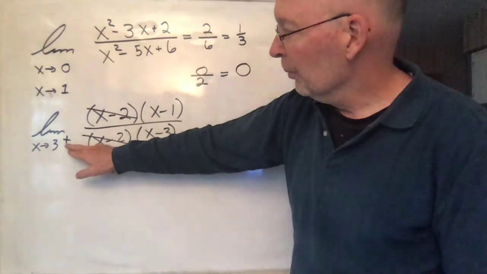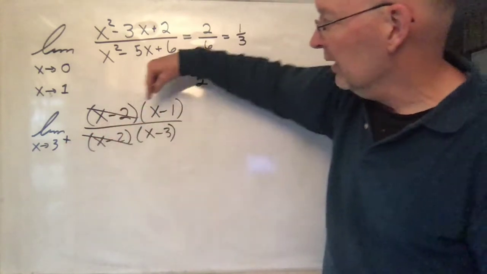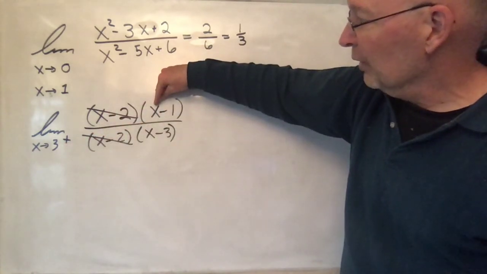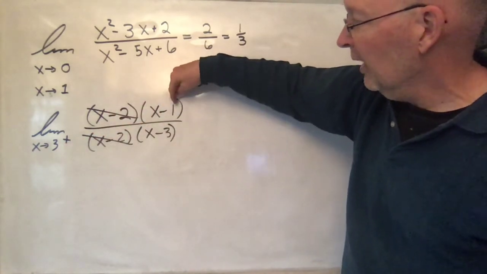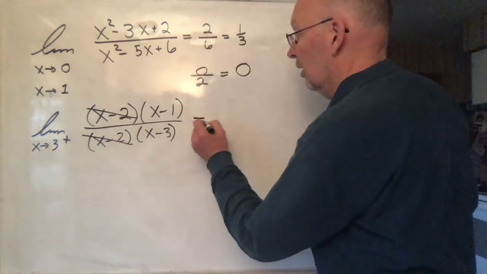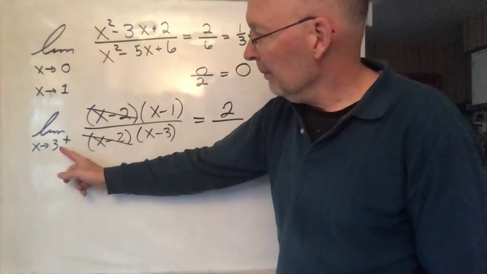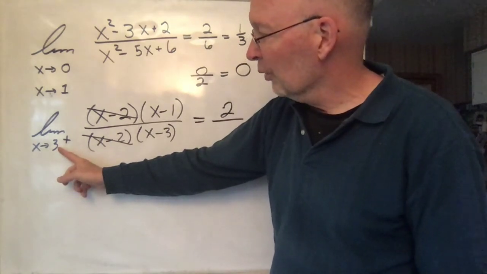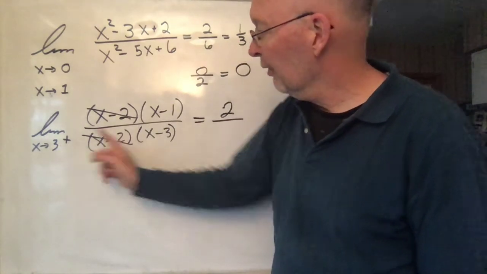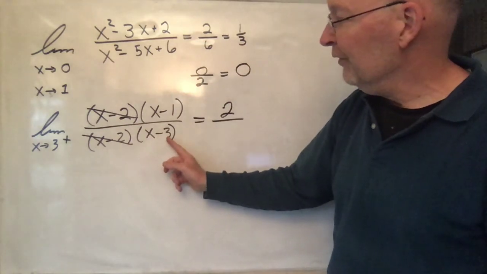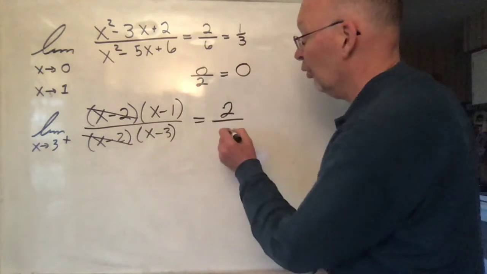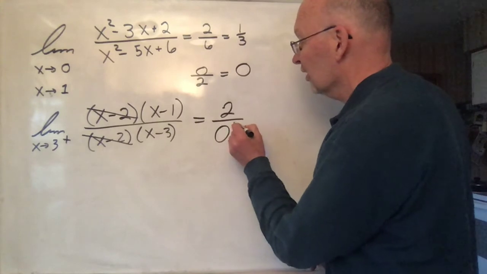As you approach 3 from the right-hand side, this is going to approach 3. This is 1, so 3 minus 1 is 2. The top is going to approach 2. And the bottom, this is approaching 3 from the right, so it's always a number just a little bit bigger than 3. When I subtract 3 from it, it's going to be a number very close to 0, but always just a little bit bigger than 0.